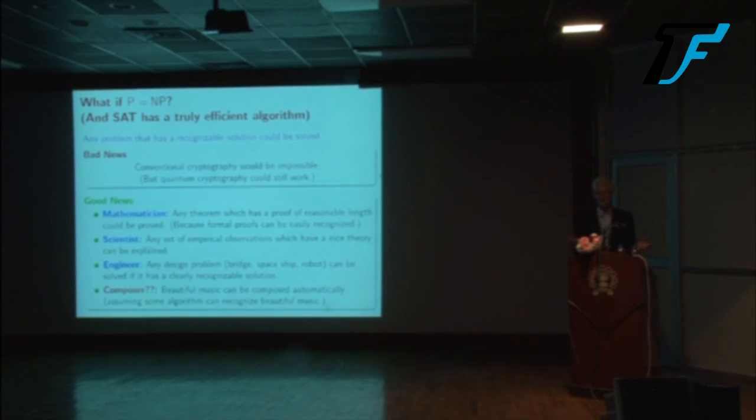If you make that assumption, then you could use the fact that P equals NP to find the expression that defines beautiful music, and then use it to compose beautiful music. Of course you want some creativity, so you say your piece has to satisfy certain constraints, and other than that, it just has to be beautiful. If it exists, then you can find the music. Anyway, all this is speculation.